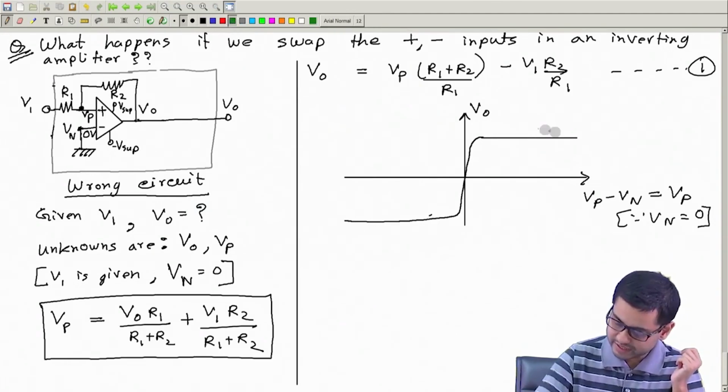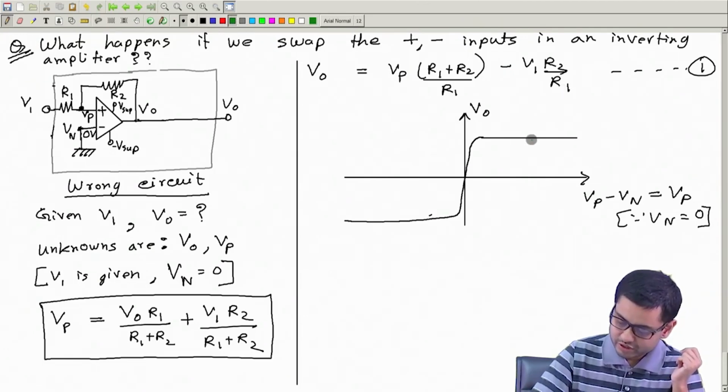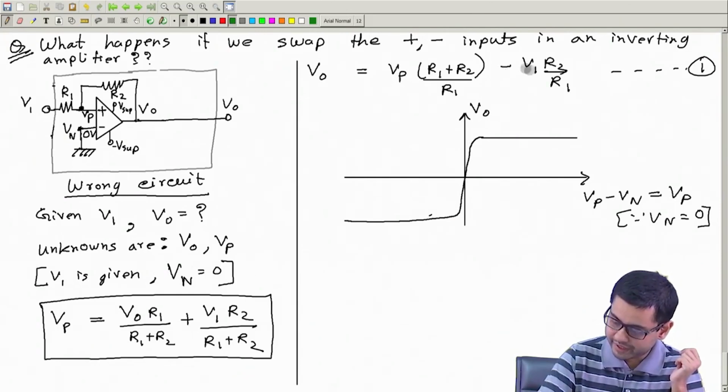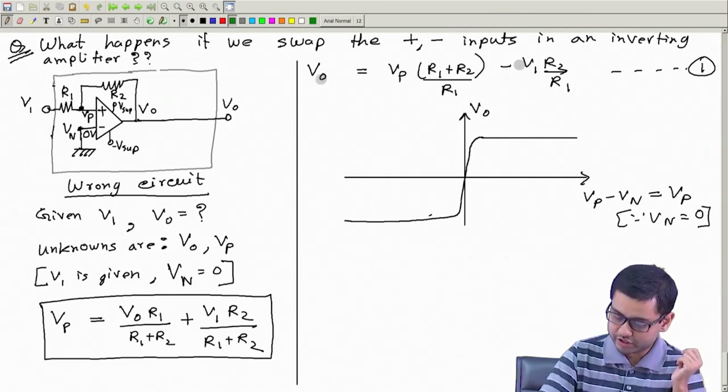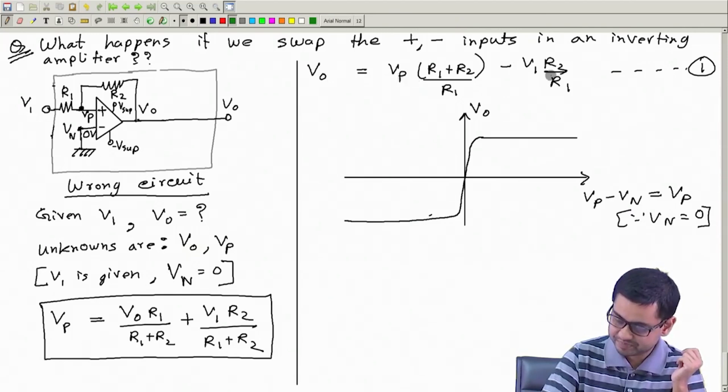So this is the static characteristic, and let me draw this curve. This curve has VO on the y-axis, and Vp on the x-axis. Y is equal to x multiplied by m minus some constant, because V1 is given. So this is y equal to mx minus c.